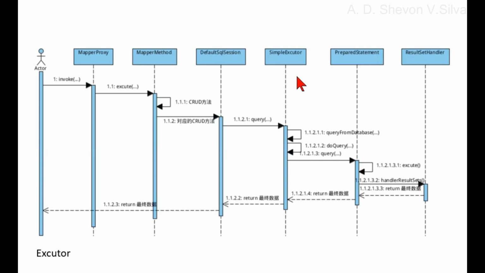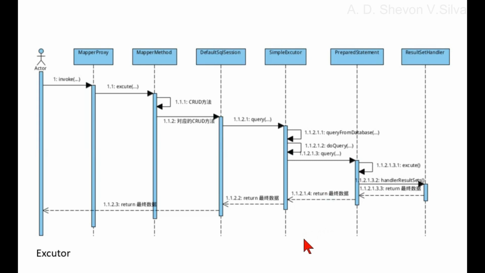There are 3 built-in executor types in MyBatis. The default is simple. In this mode, it creates a new prepared statement for execution of each statement and submits a single SQL statement, while the batch mode reuses the prepared statement and executes all the batch update statements.